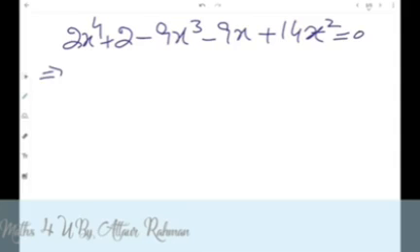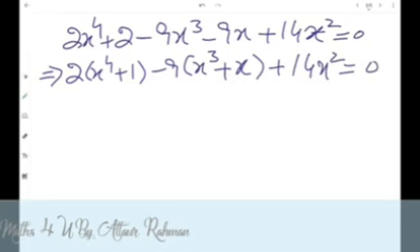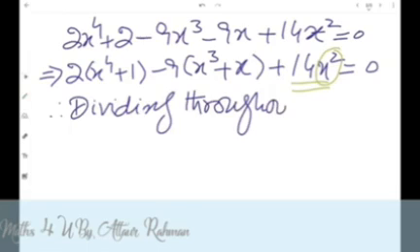Okay. The next step is to divide the whole equation by the variable contained in the unpaired term. That is, we will divide the whole equation by x^2, and we will get an equation of the form 2 into (x^2 plus 1 upon x^2).